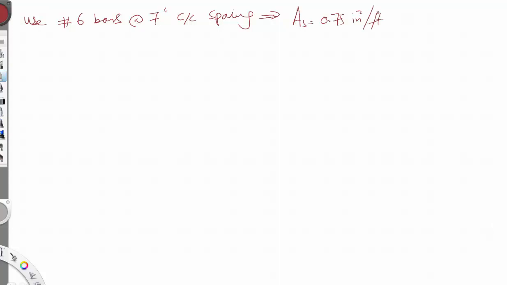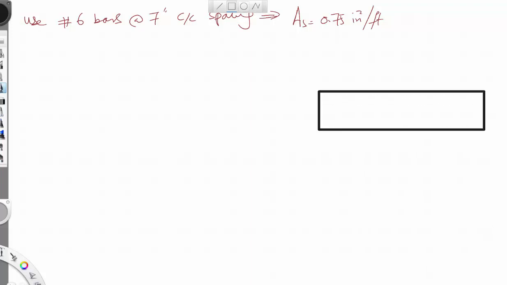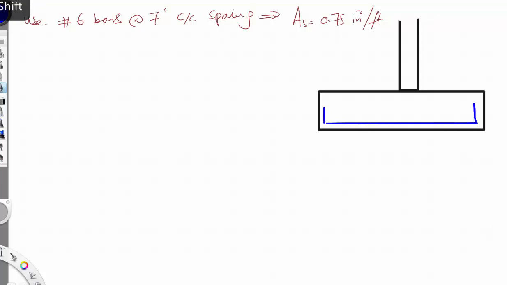That's what we calculate. So meaning, now if you look at the footing itself, the reinforcement is, this is the reinforcement I just calculated.